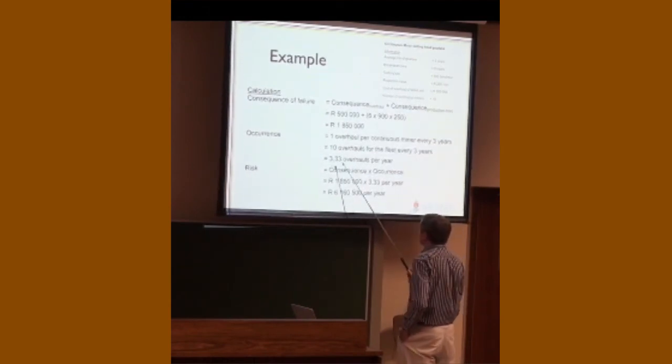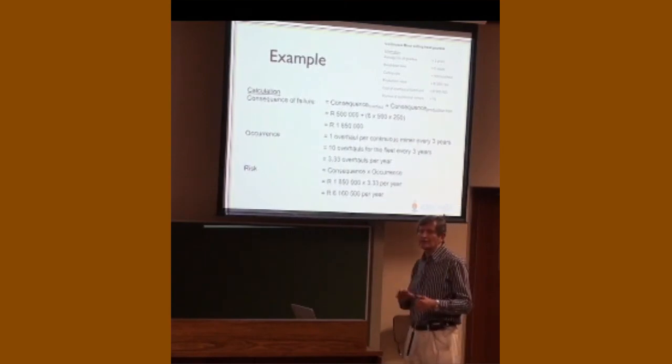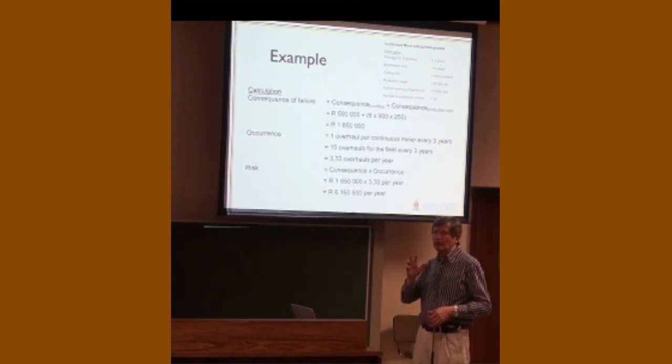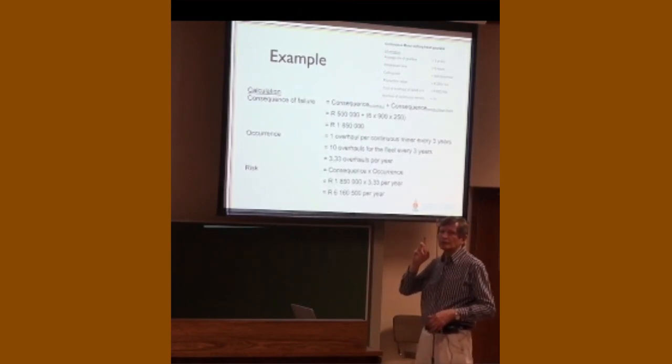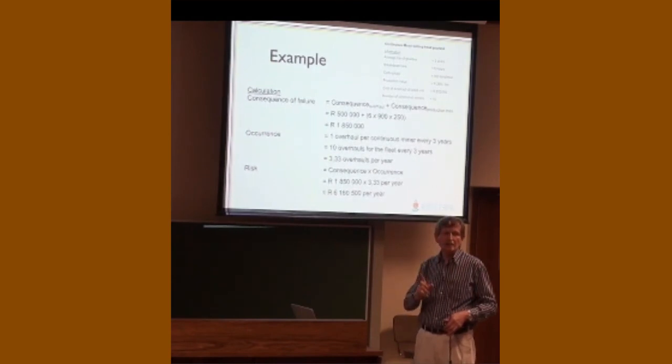So we modify the method somewhat. We look at not only the one machine, but at 10 machines. So we now not only have a one in 3 years unit that can fail, but we have 10 units that can fail per year.